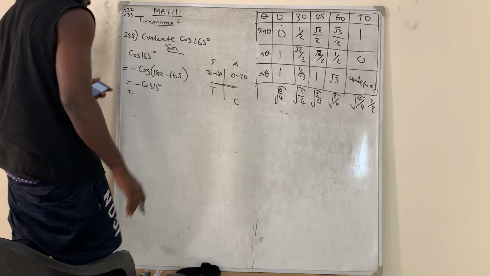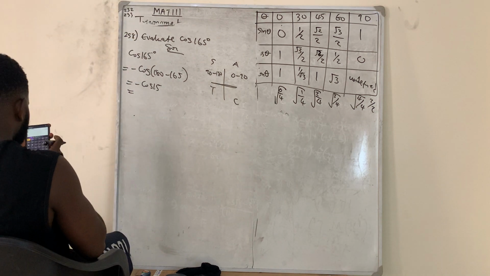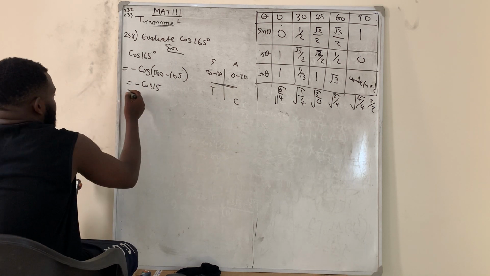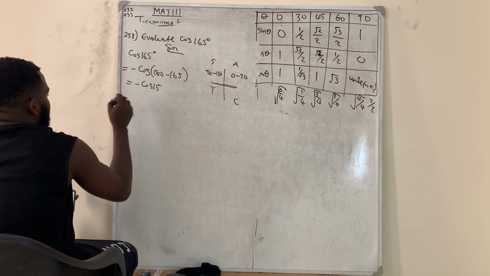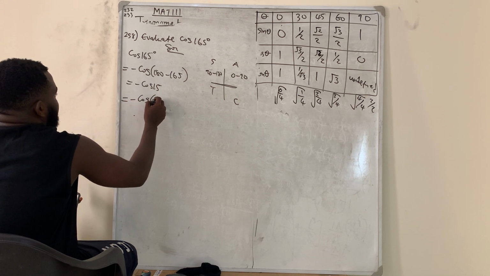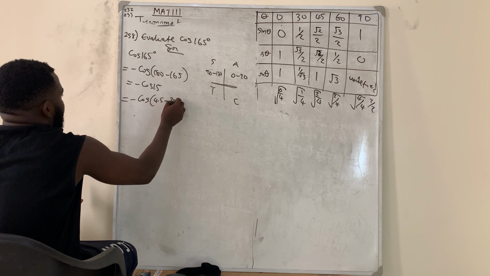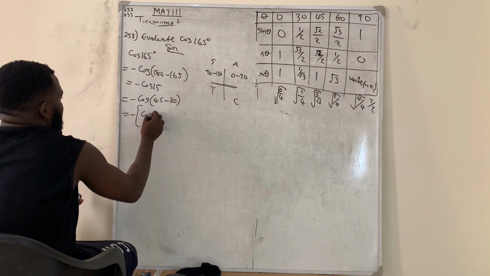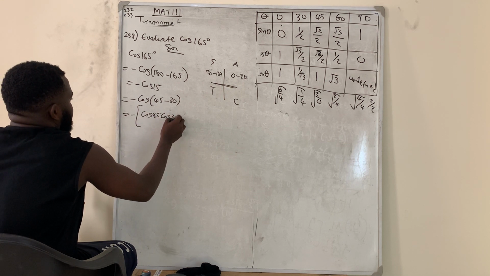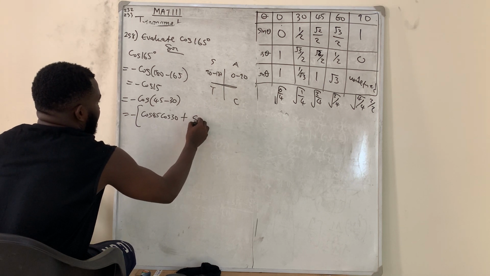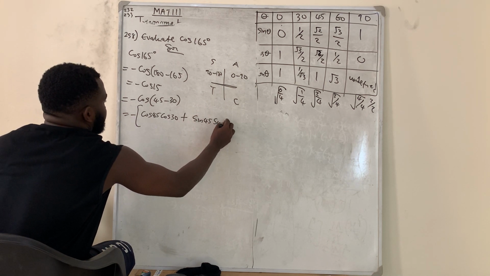Okay, so let me check if it is an option question. Okay, cos 15, the same thing we did before. Let us do it again. So minus cos 15 is the same as saying 45 minus 30. Minus into cos 15 means cos 45 cos 30, and if it's minus here, it's going to be plus sine 45 sine 30.